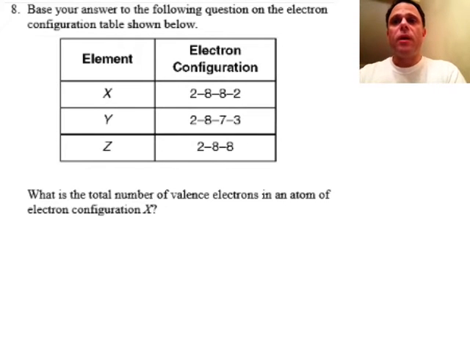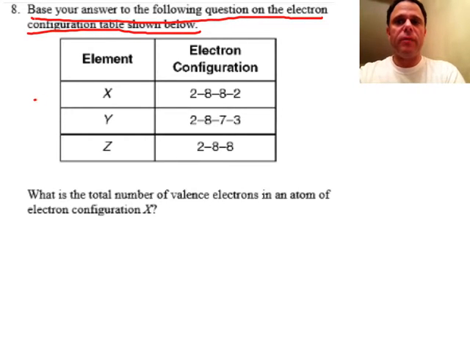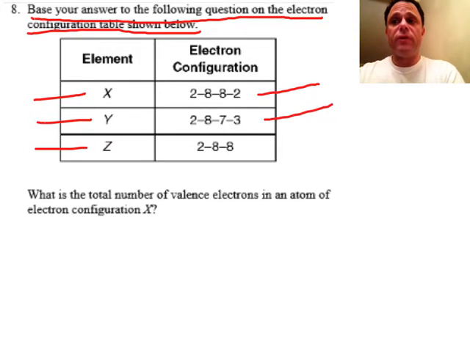All right, number 8. Base your answer to the following questions on the electron configuration table shown below. So we have element X, Y, and Z with their electron configurations marked right there. Question: what is the total number of valence electrons in an atom of electron configuration X?